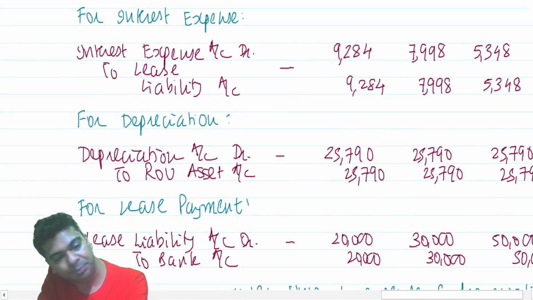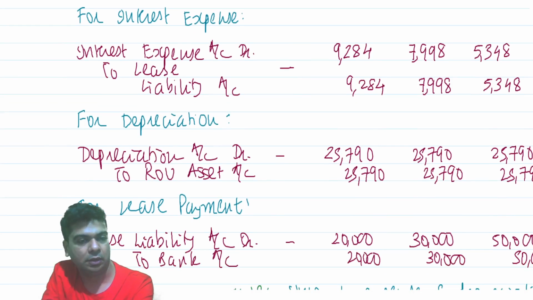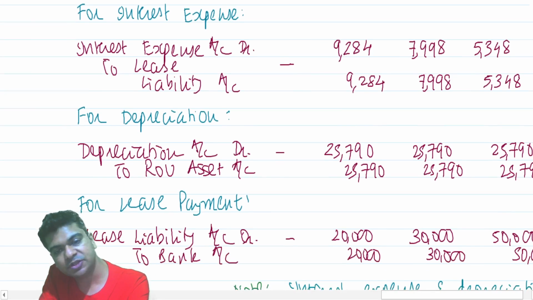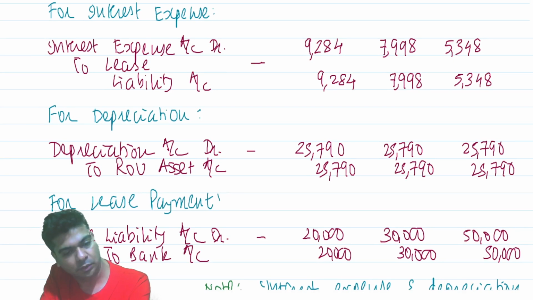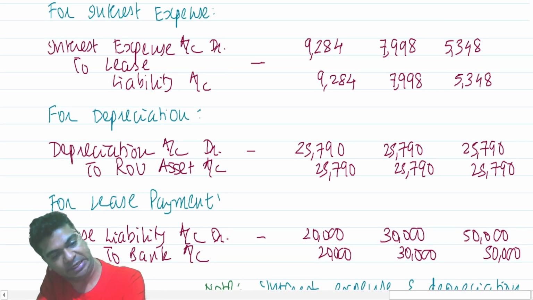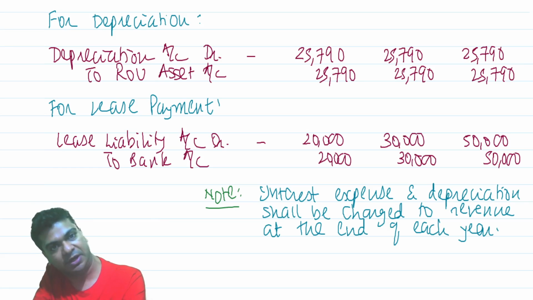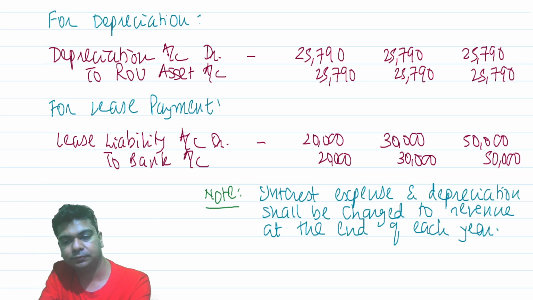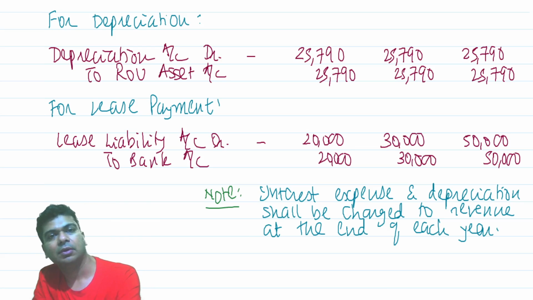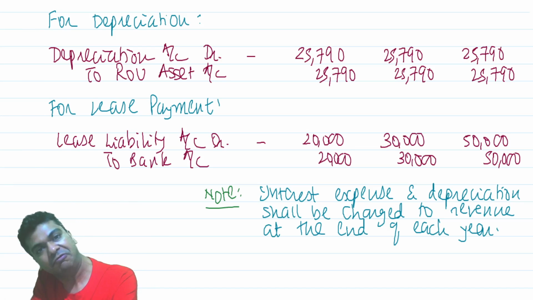Interest expense and depreciation, that's it over here. Pause the video here if it is incomplete. And finally, the lease payments that we are going to make. That's the end of the solution.